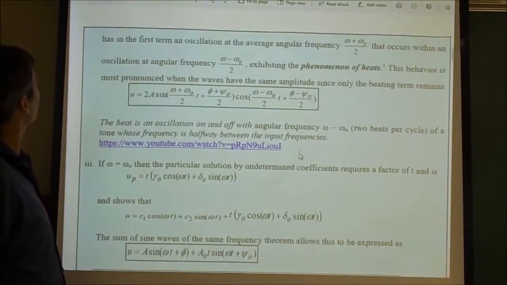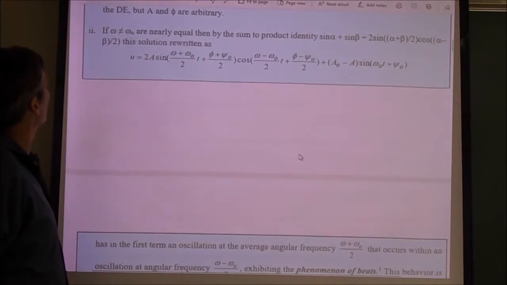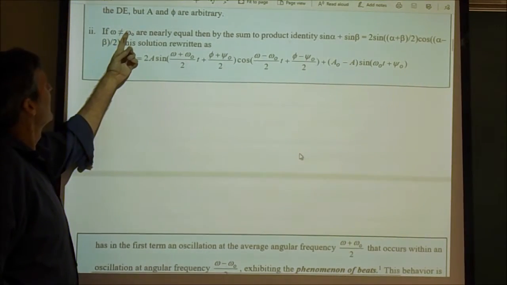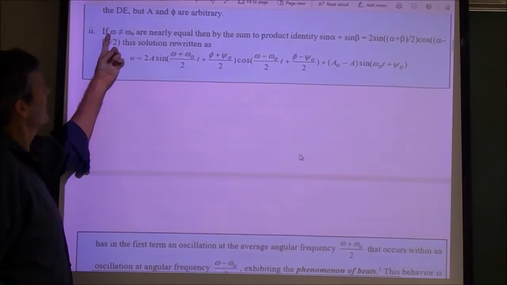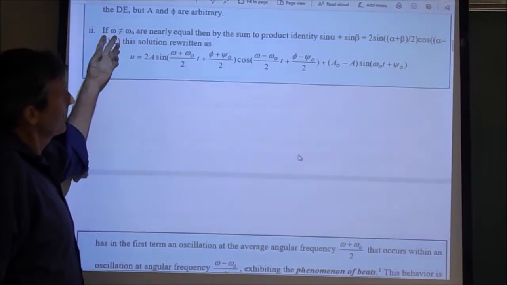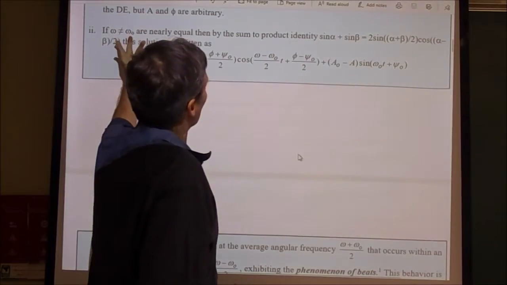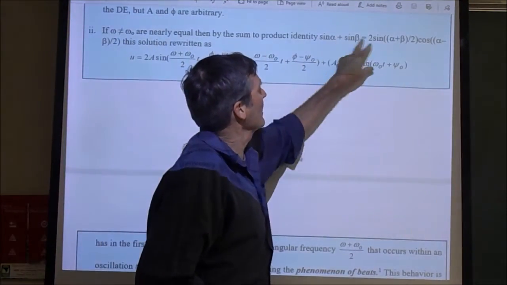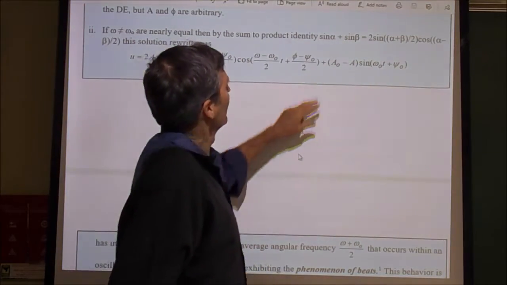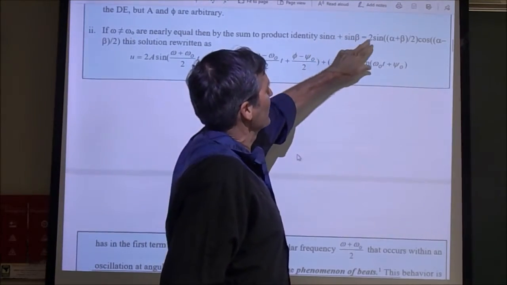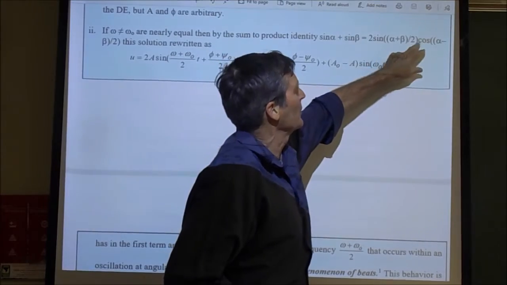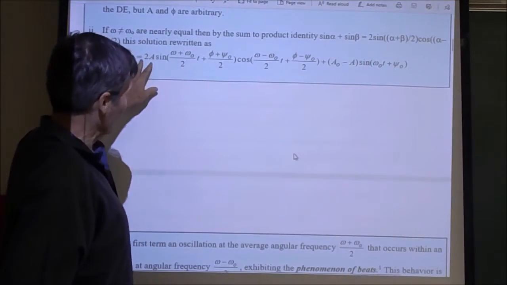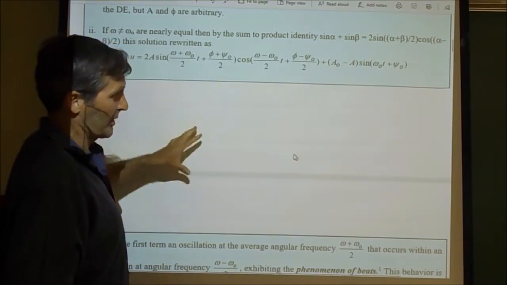If you push with omega 0, your driving angular frequency, not equal to the angular frequency square root k over m that the thing wants to oscillate at, but real close, then you apply this trigonometric identity, that sine alpha plus sine beta is 2 sine of alpha plus beta over 2 times cosine of alpha minus beta over 2, to rewrite the general solution that you got for the sum of two sine waves.